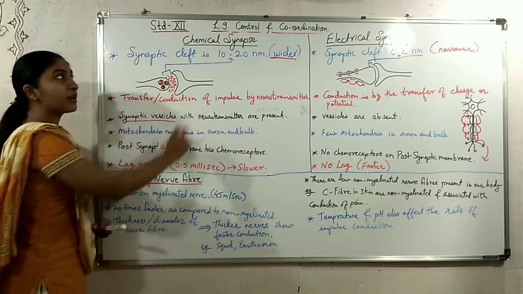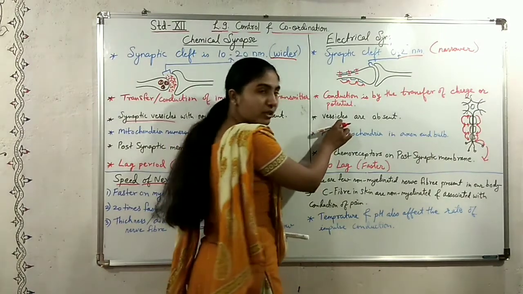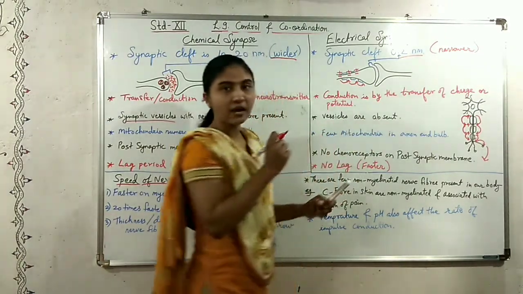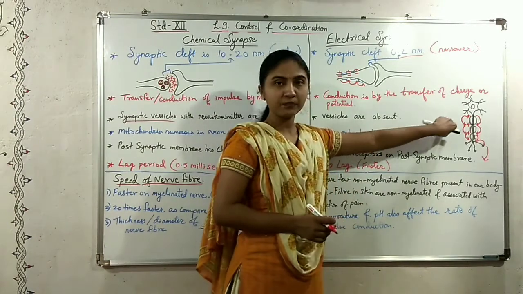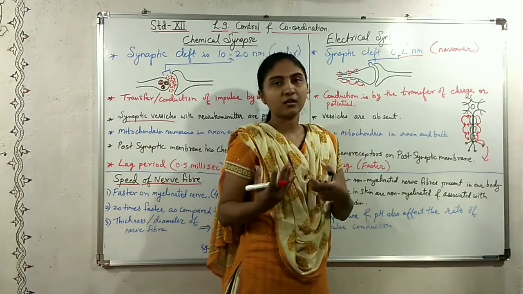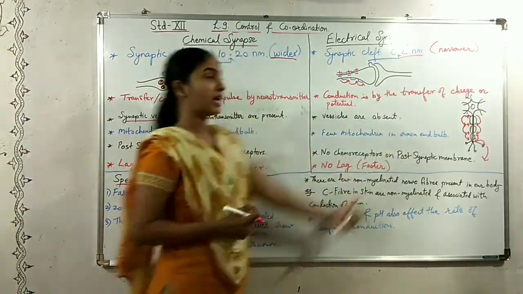Synaptic vesicles are present in the chemical synapse, whereas in the electrical synapse, the synaptic vesicles are absent. Here no chemical is required for the conduction of the impulse. That's why synaptic vesicles are also absent in the electrical synapse.